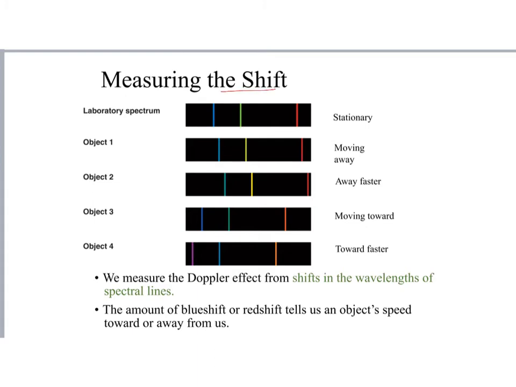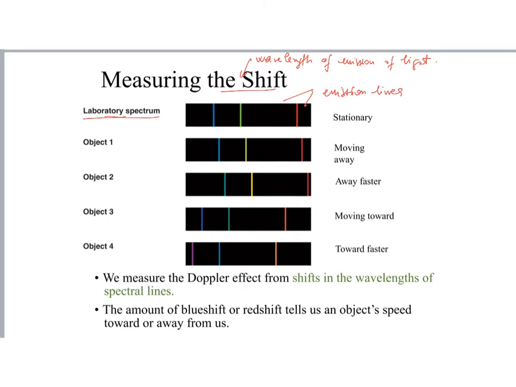So measuring the shift. Who does the shift? The wavelength of emission of light. So say we have a spectrum observed, measured in the laboratory, right? And here are some emission lines, right?